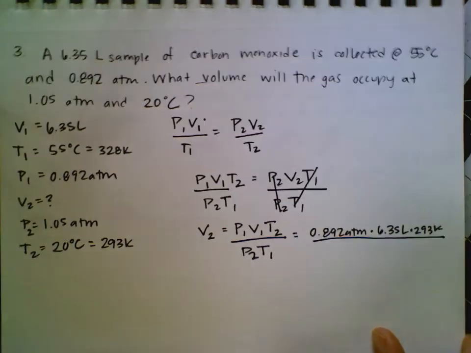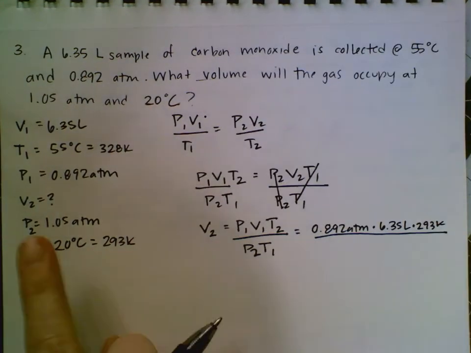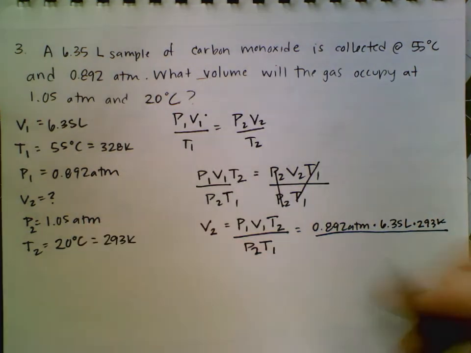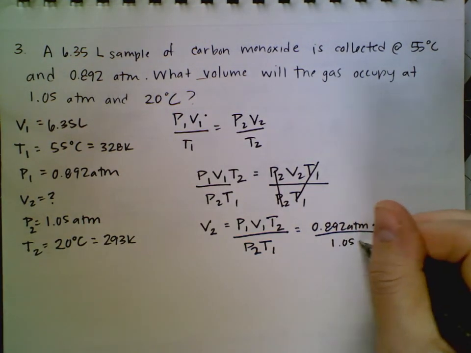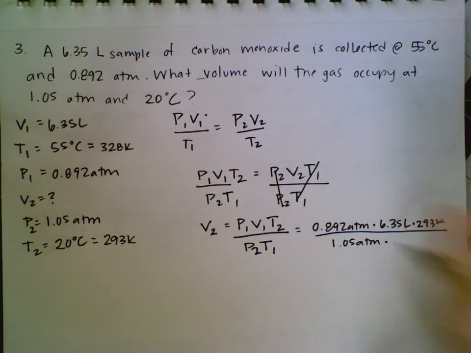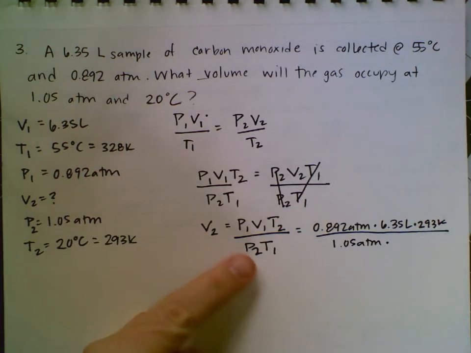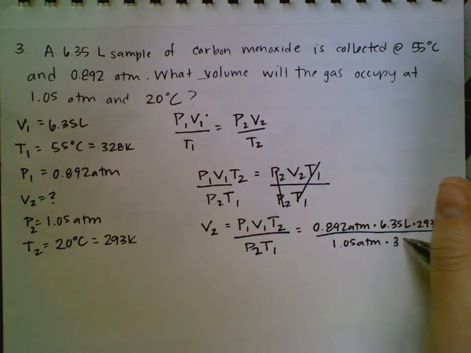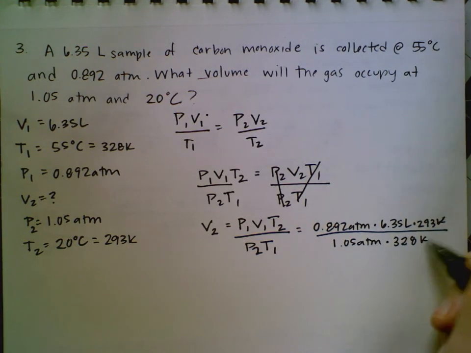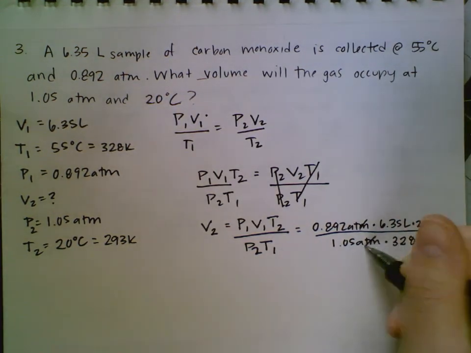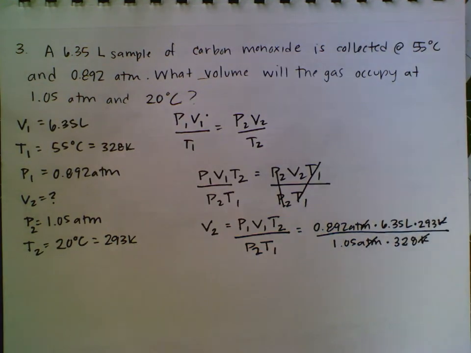You laugh, but it's really easy to mix them up, okay? P2 is going to be 1.05 atmospheres, and then T1 is 328 Kelvin. If you look, Kelvin and Kelvin cancel out, atmospheres and atmospheres cancel, so we have liters here.